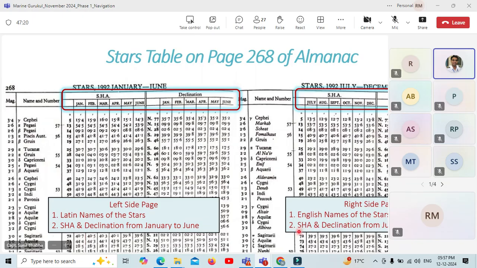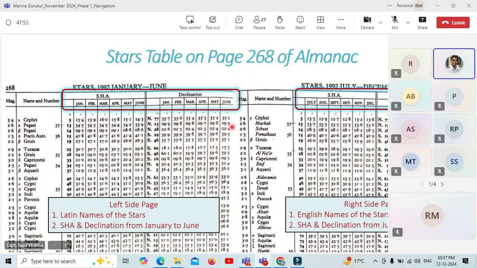And also, as we discussed just now, it gives us the SHA and declination of the star from July to December. So the important thing to remember is whether you go to a particular star on the left hand side page or on the right hand side page, it is the same star mentioned. The only thing is the names given on the left side page are Latin names and the names given on the right hand side page are English names.